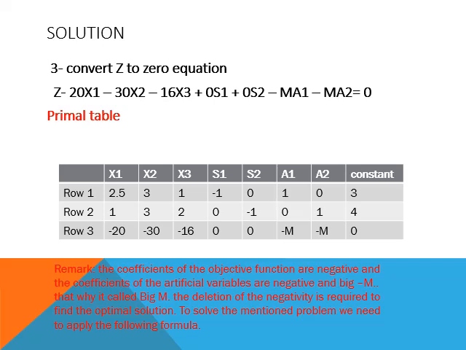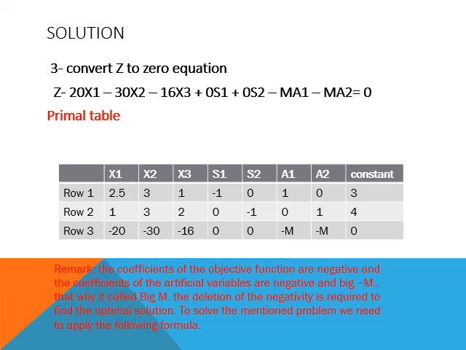Respectively, 3 is the coefficient of x2, 1 is the coefficient of x3, negative 1 is the coefficient of s1. Constraint 1 has no s2 and no a2. That's why it's 0, 0.